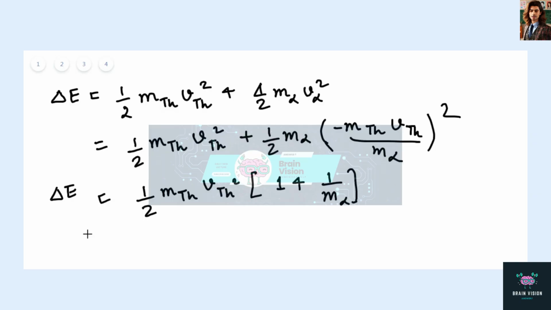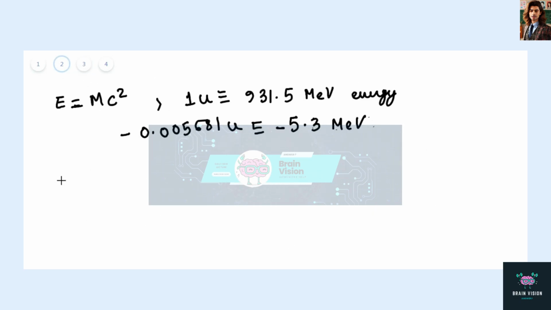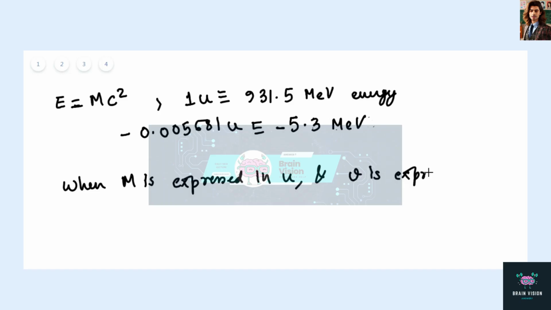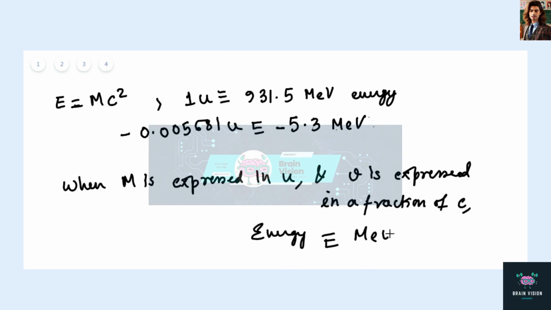Okay, so let's go back there. What does it say? Yes, you see, we use this formula here. What does it say? When m is expressed in u and v is expressed as a fraction of c, your energy comes out in MeV, right?